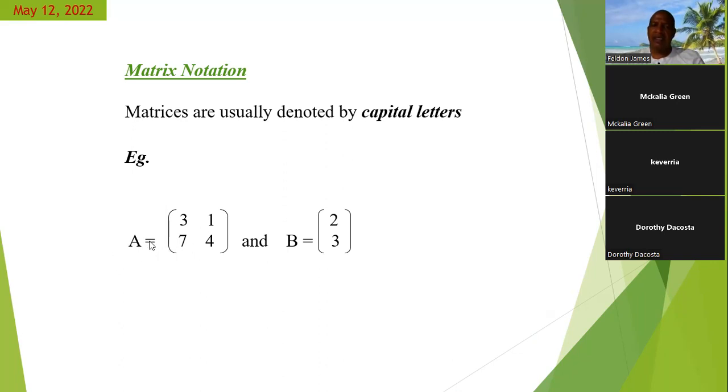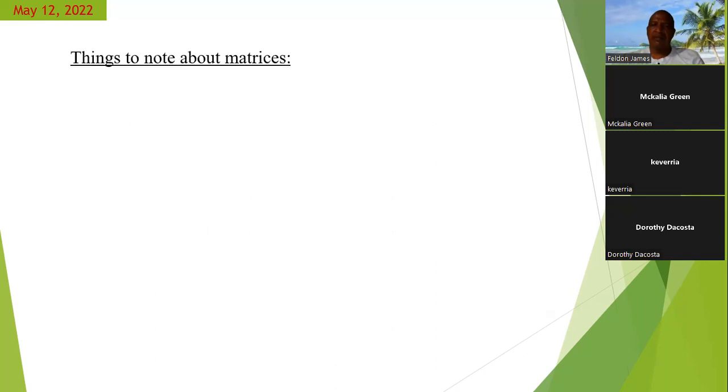So A is equal to the matrix 3174. When we refer to A, we know we're talking about this matrix. Now B refers to 2 and 3, it's a column matrix. So whenever we see B, we know which matrix we are referring to. So the matrices are labeled, named, or denoted with capital letters.